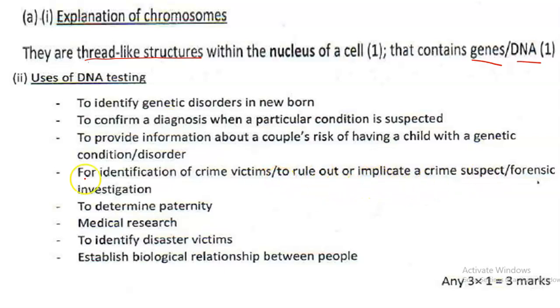You can put it forensic investigation. To determine paternity. And then the next one is medical research, to identify disaster victims. And the last one, establish biological relationship between people. So any 3 of these is going to give you 3 marks.